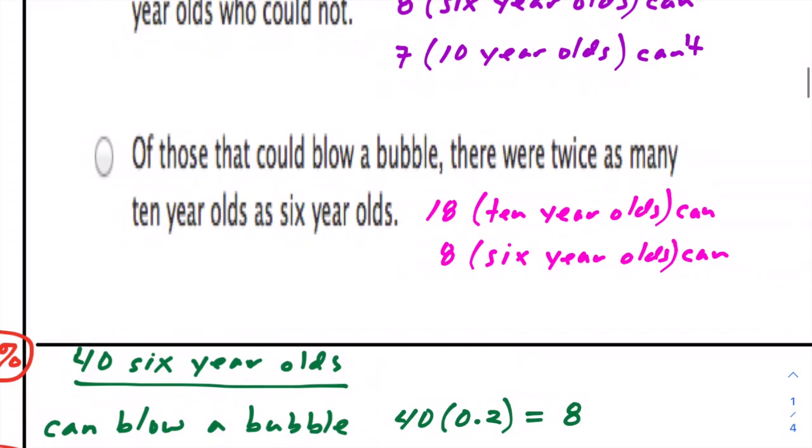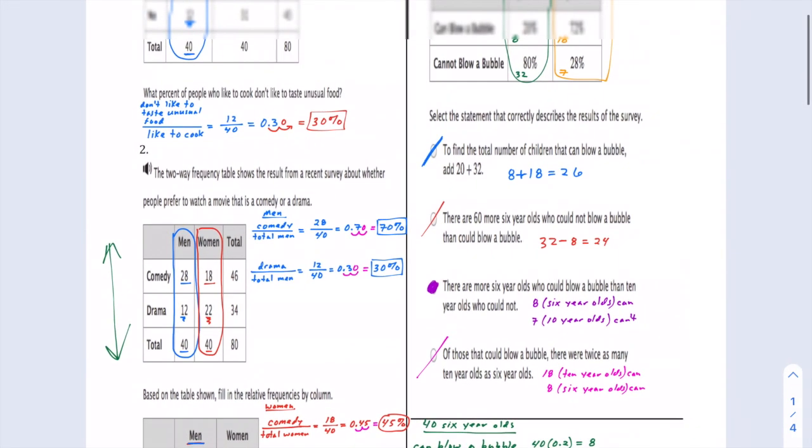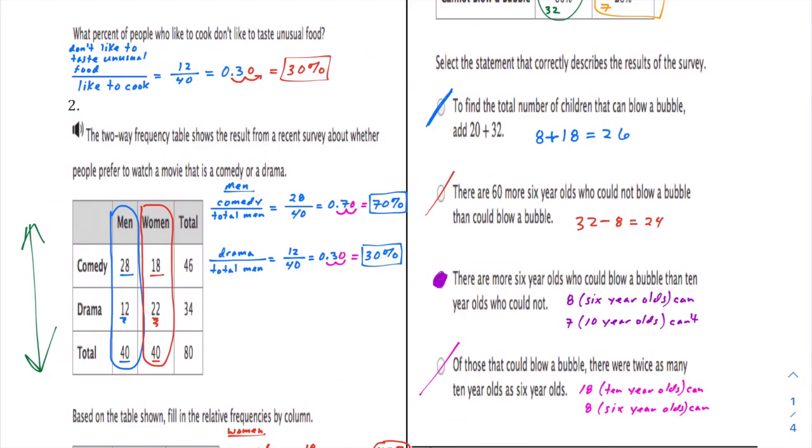Technical difficulties, sorry about that. So 18 of the 10-year-olds can blow a bubble. 8 of the 6-year-olds can blow a bubble. If I go twice 8, that's 16. So no, it's not twice as many. It's actually more than that. So that would be a false statement. So you only should have bubbled in the third one.